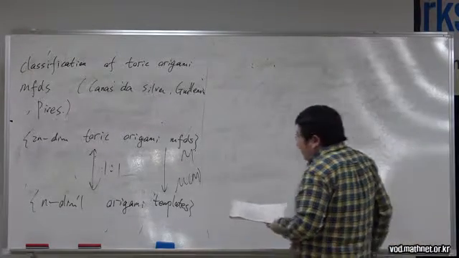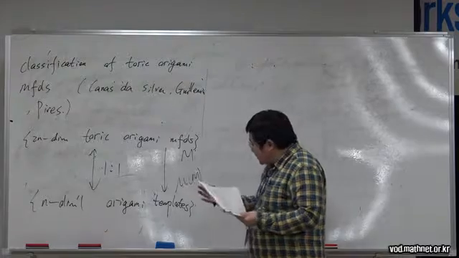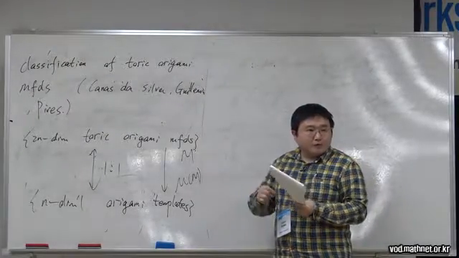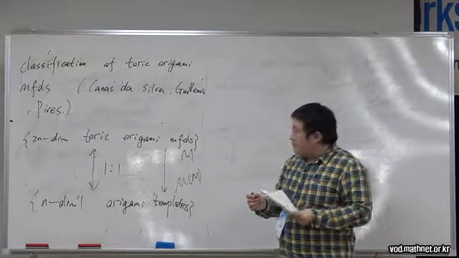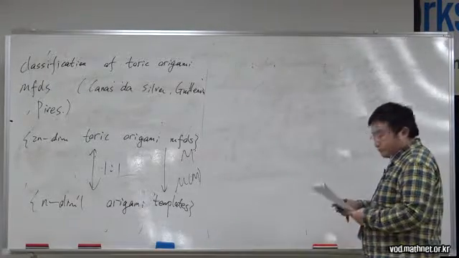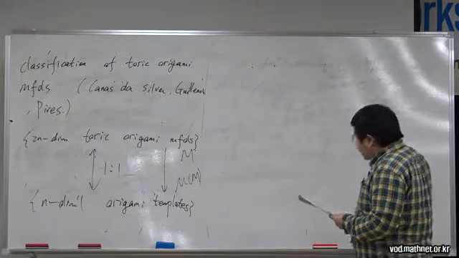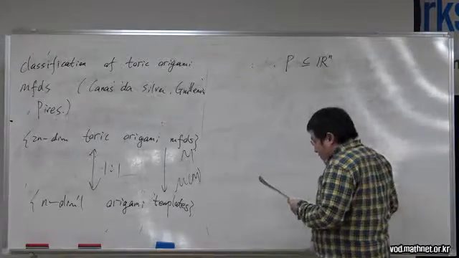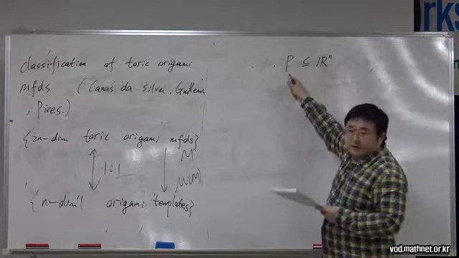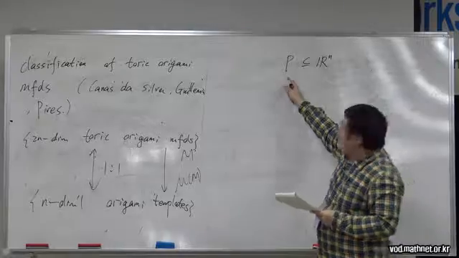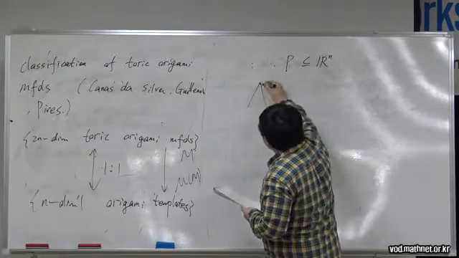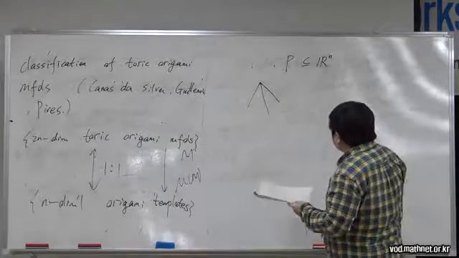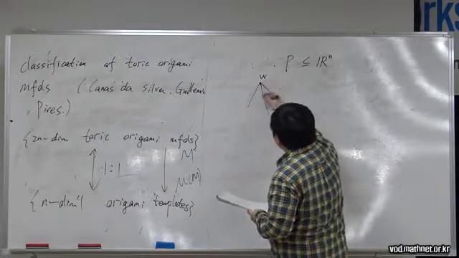Roughly speaking, the origami template is just a collection of Delzant polytopes. We group them with some compatibility conditions. A Delzant polytope first is an n-dimensional polytope, and we also require this is simple. Simple means at each vertex there are just n edges, and also require this is rational.